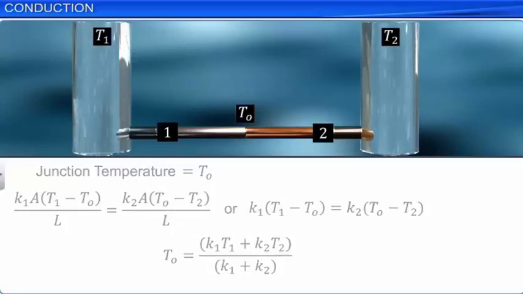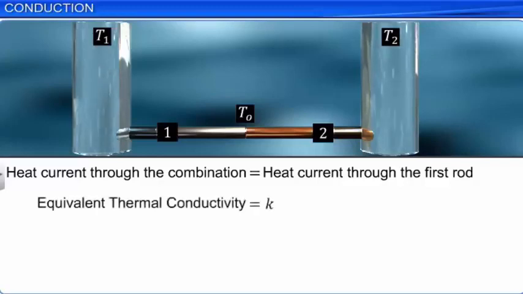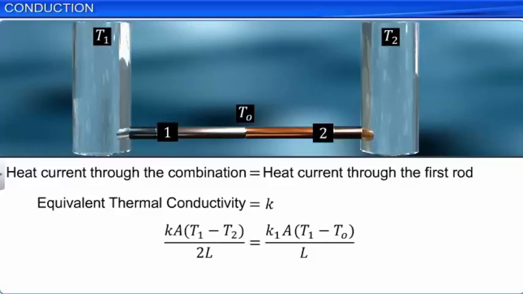Since heat current through the combination is equal to heat current through the first rod, if the equivalent thermal conductivity of the combination of two conductors is K, then we can write KA(T1 - T2)/2L = K1A(T1 - T0)/L.